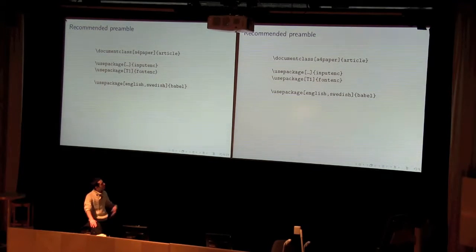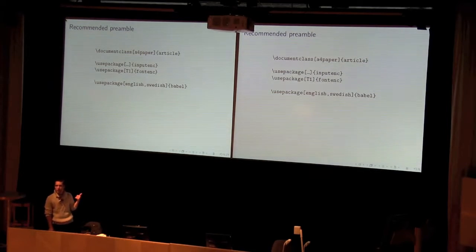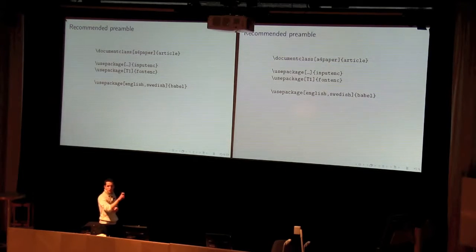For example, Babel might define some shorter commands to produce special characters that are very frequent in a language. For example, when you use German, you just put this double quote character and the O, and you don't have to make a command. This is seen as a ligature.